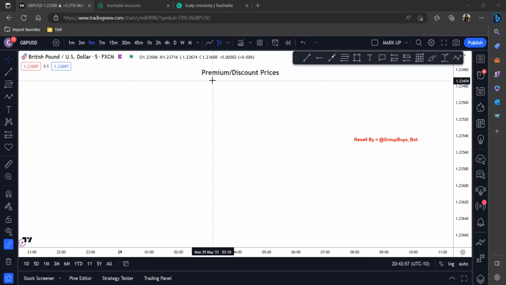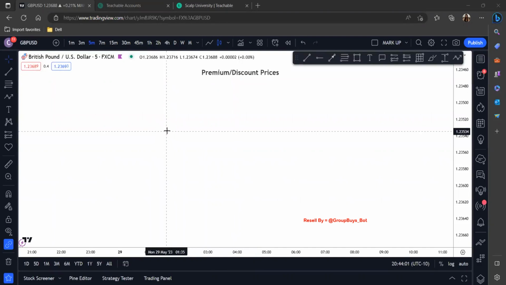Now, premium and discount prices are very important to understand because it gives us an idea of retracement within a trading range, as well as where there may be draws on liquidity. Those are really just prices that bigger institutions will look at to have their draws on liquidity within a trading range.